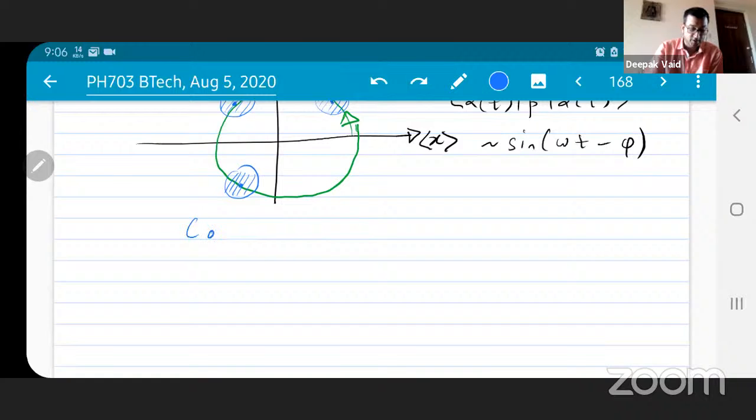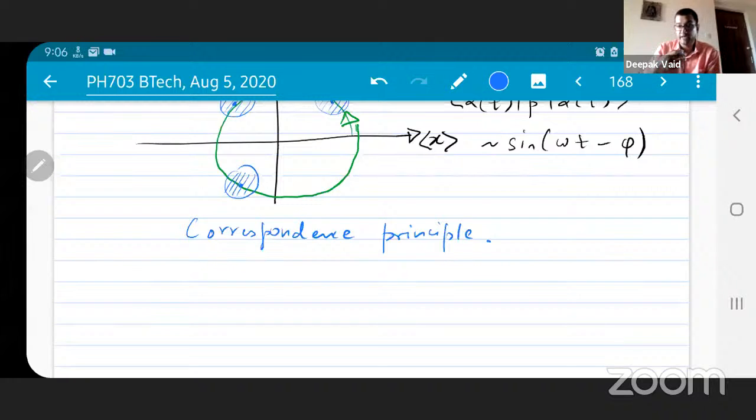So we haven't talked about this, but there's something called the correspondence principle. The correspondence principle says that for any quantum mechanical system which is obtained by quantization of some classical system, there is a limit when the quantum mechanical behavior will start to resemble the classical behavior, when Planck's constant goes to 0.